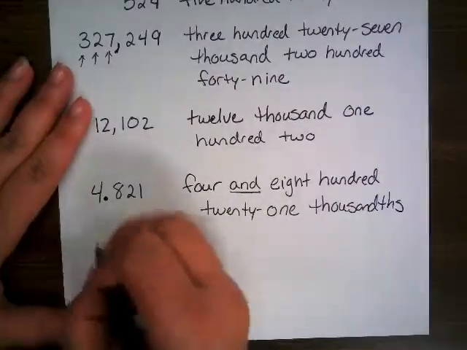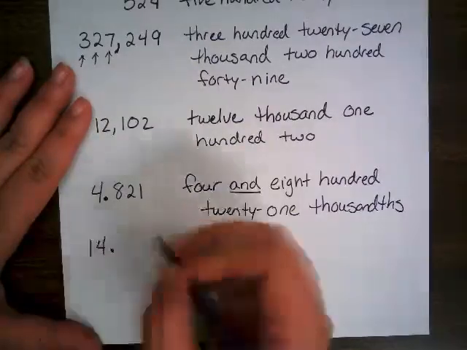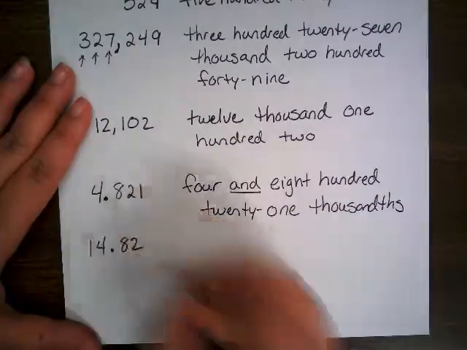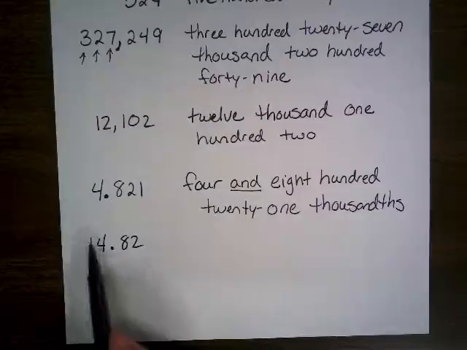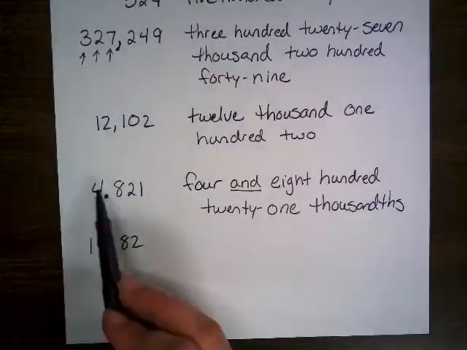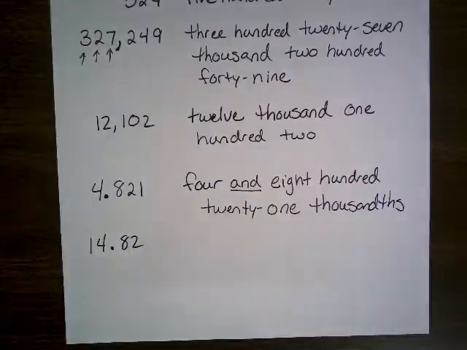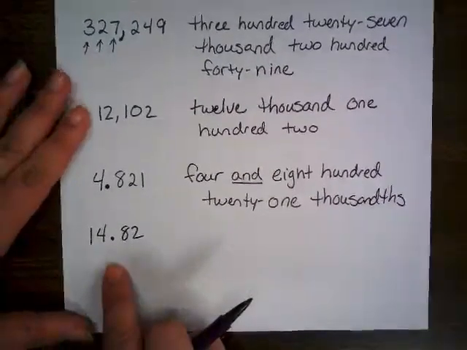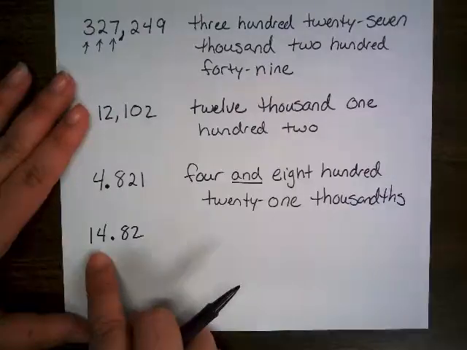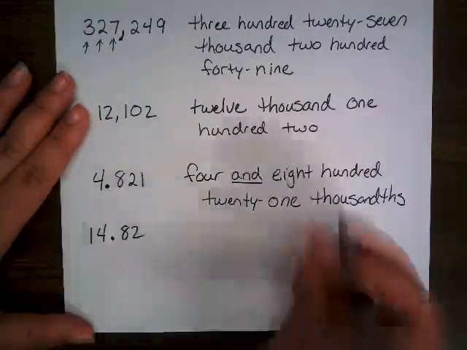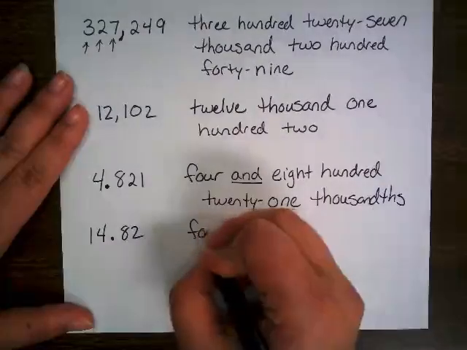Well, what if I have 14.82? Wait a minute, I still have 1, 2, 3, 4 digits, like I had 1, 2, 3, 4 digits here, but it's a completely different number. The values are all different in this one. So what I'm going to write here: I see a 14, so I'm going to write 14.